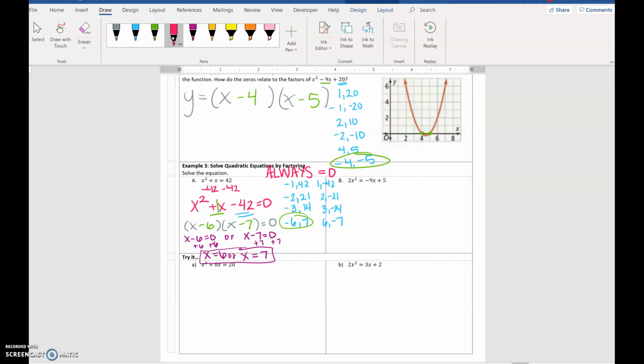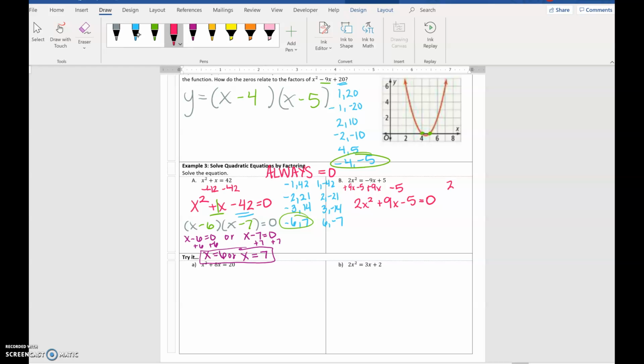So I want to keep this 2x squared positive, so I'm actually going to move the 9x over here and the 5. So I'm going to do plus 9x and minus 5 on both sides. And that's going to give me 2x squared plus 9x minus 5 equals 0. And then this is like the one we found the other day where you have to do your a times c and then adds to b.